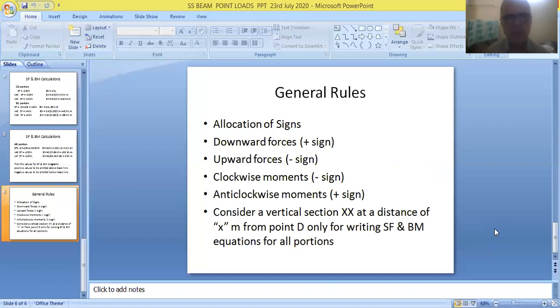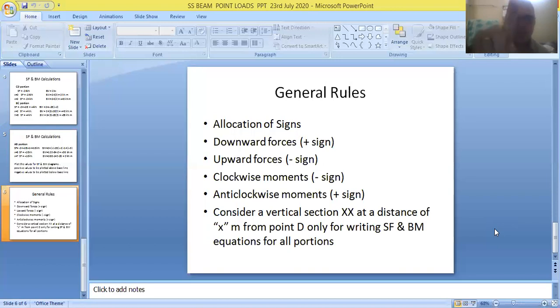And friends, we have already discussed the allocation of symbols. So as mentioned in this slide, plus symbol for downward forces, minus symbol for upward forces, minus symbol for clockwise moments, plus symbol for anti-clockwise moments.